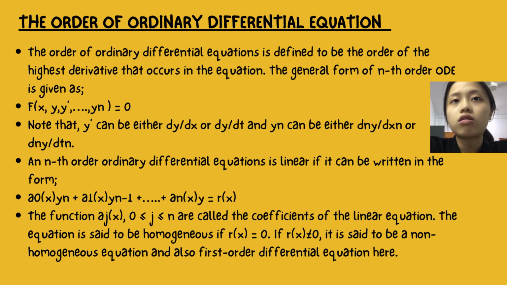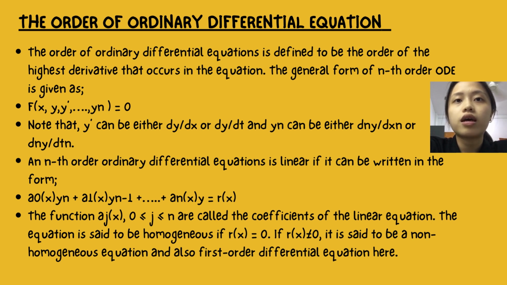An n-order ordinary differential equation is linear if it can be written in the form a0(x) y to the power of n plus a1(x) y to the power of n minus 1 plus ... plus an(x) y equals R(x).